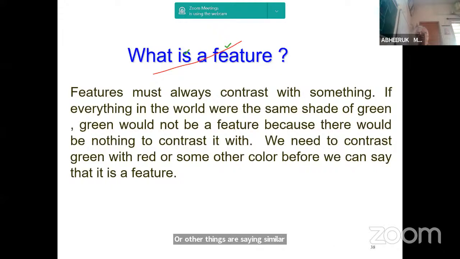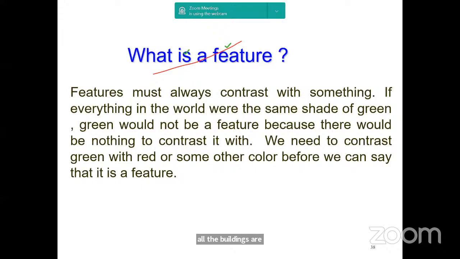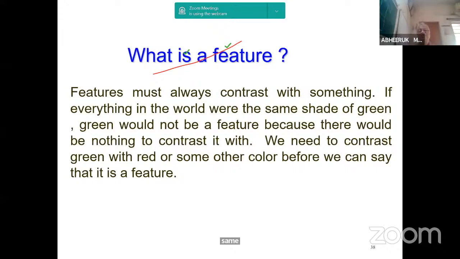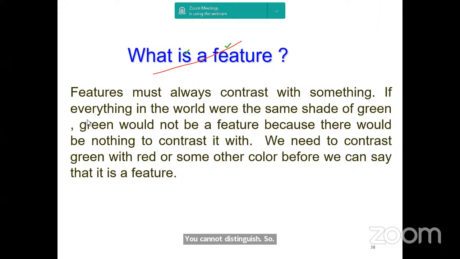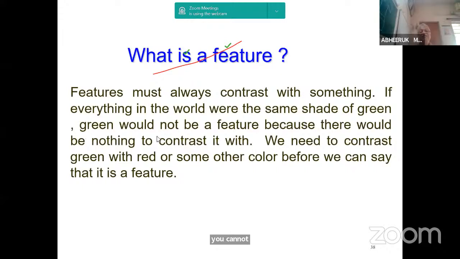Then you cannot distinguish where you have come. But if they are different, it is easy to understand. If all the buildings are the same design and same color, you cannot contrast, and that is why it cannot be a feature. It is common to everything. So features must always contrast with something. If everything in the world were the same shade of green, then green would not be a feature.